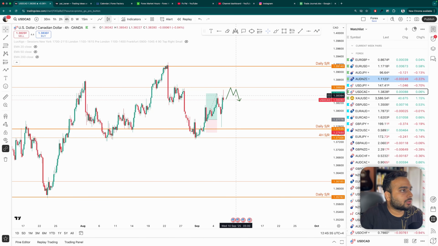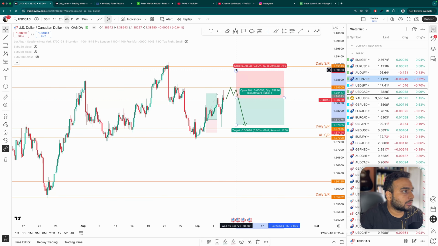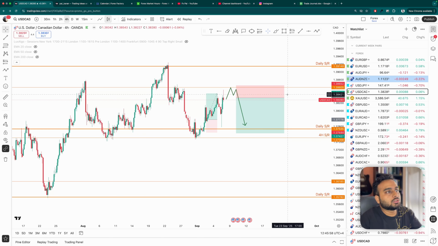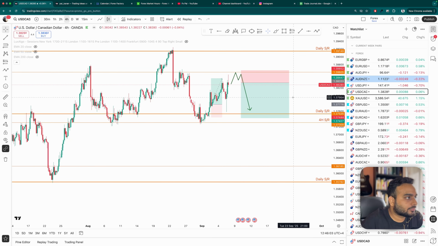As soon as the price does this, like it's creating a new low on smaller time frame, I would like to sell. The stop loss would be something like this, and TP around this area.